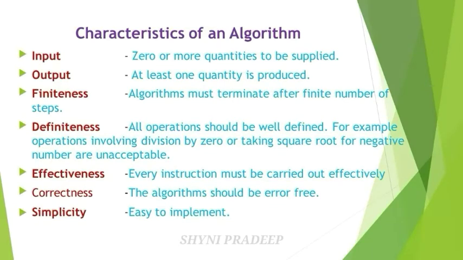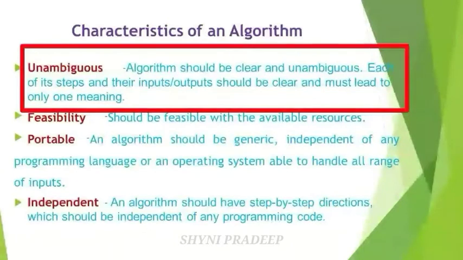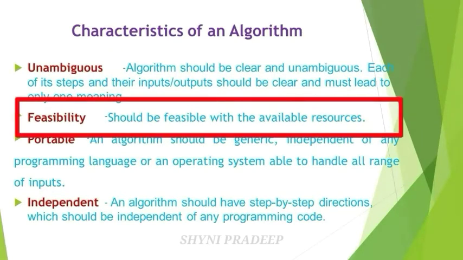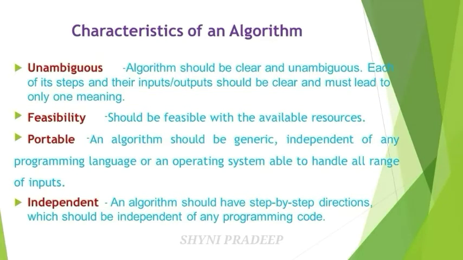Next, unambiguous. Unambiguous means clear. The algorithm should be clear and unambiguous, so each of its steps, input and output, should be clear. Next, feasibility. Feasibility means possibility.